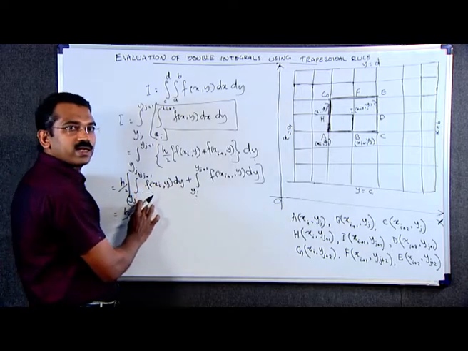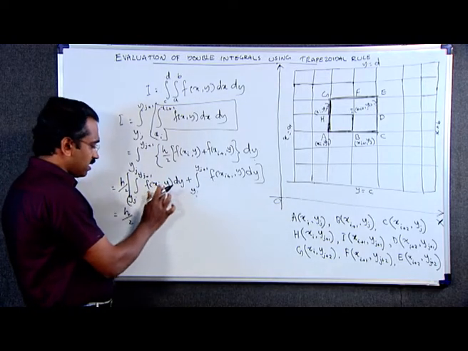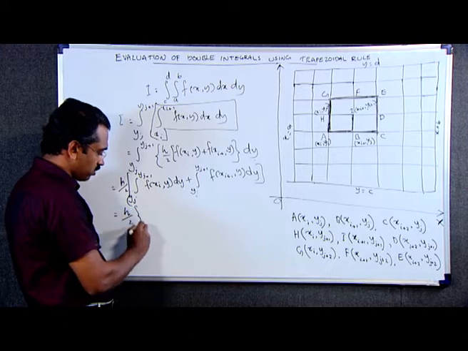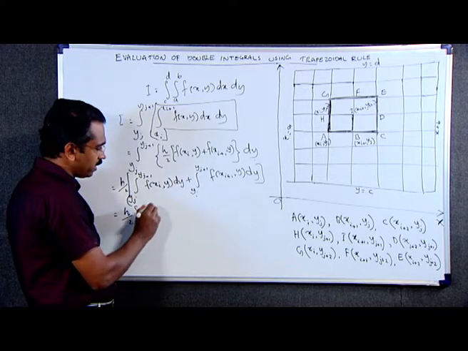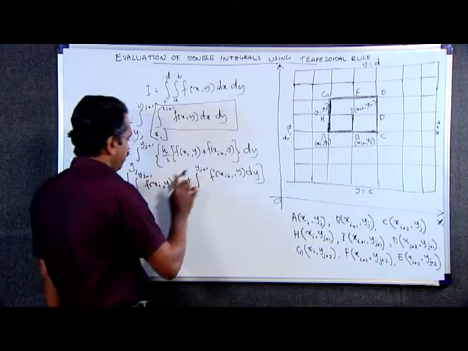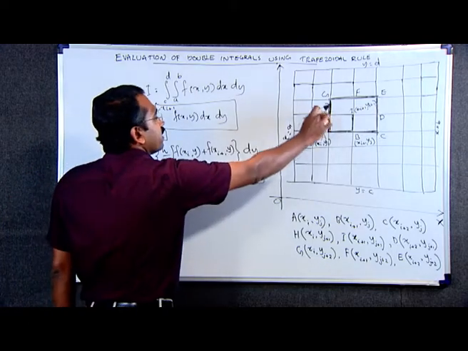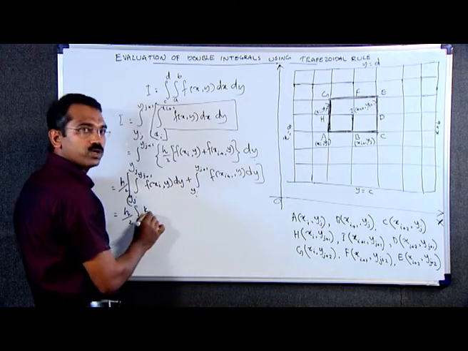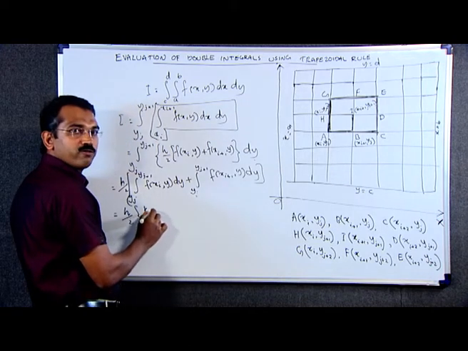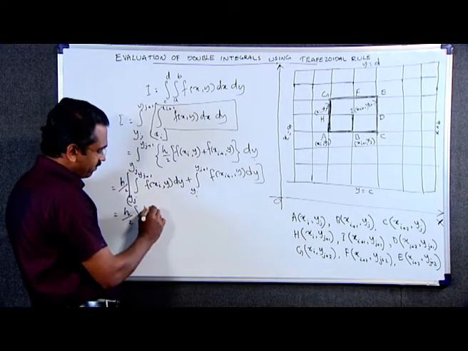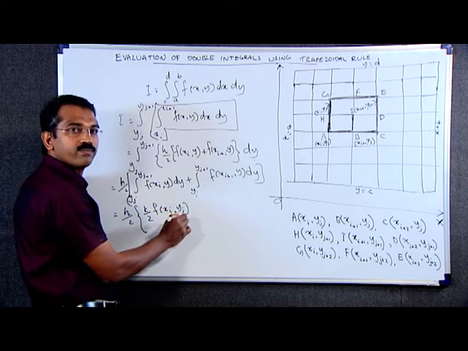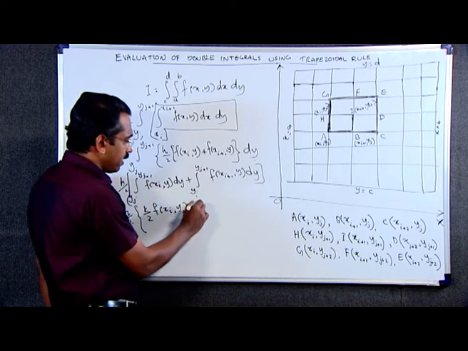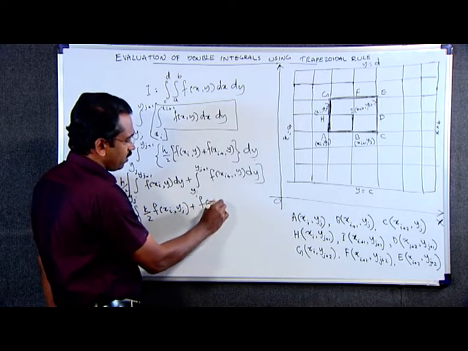From this we can write the value of this integral, h by 2 is common, value of this integral is k by 2 into, here the length of the interval is k, therefore, k by 2 into f of xi yj plus f of xi yj plus 1.